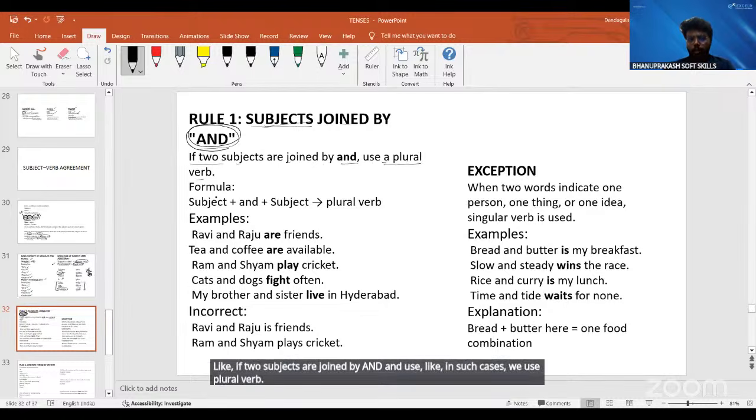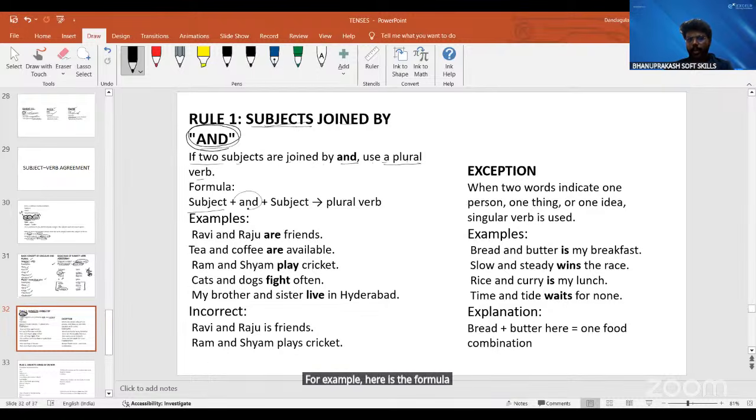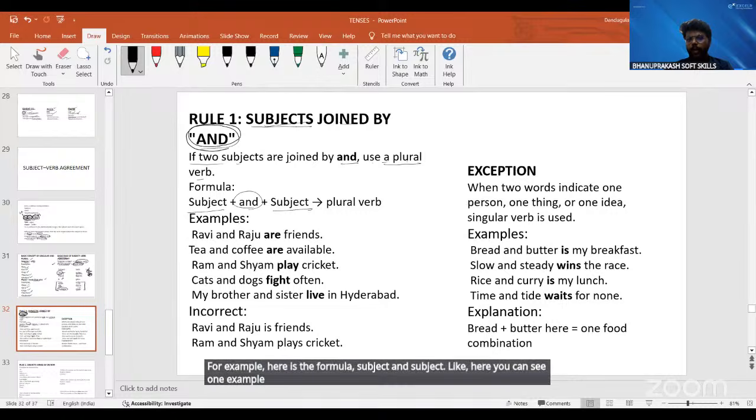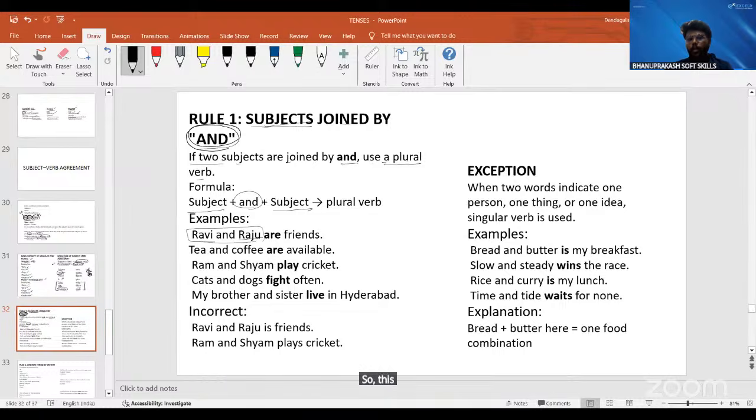For example, here is the formula, subject and subject. Like here you can see one example, Ravi and Raju. Here Ravi is a noun, Raju is also a noun. So both come under the noun only. So if any such kind of subjects are joined with the word and, in such cases, we use the plural verb.